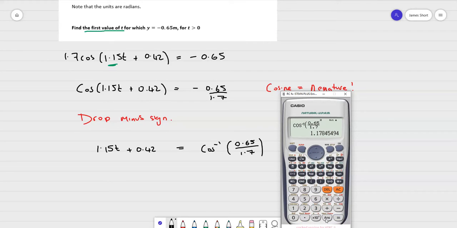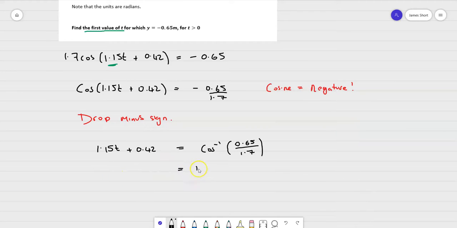Hit equals, 1.178 to 3 decimal places, and that'll be in seconds there.